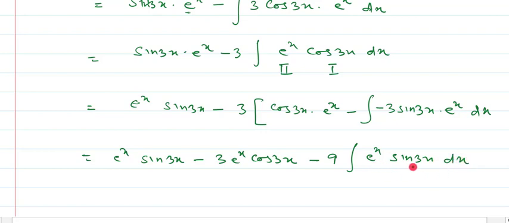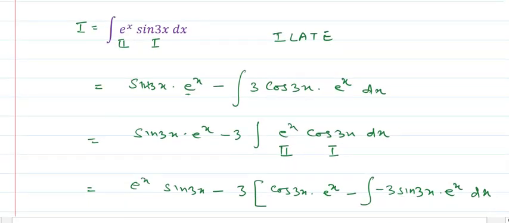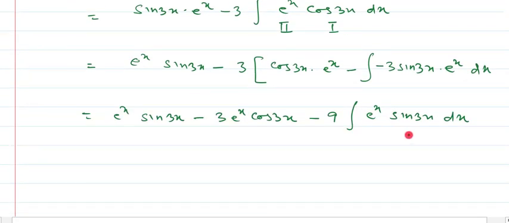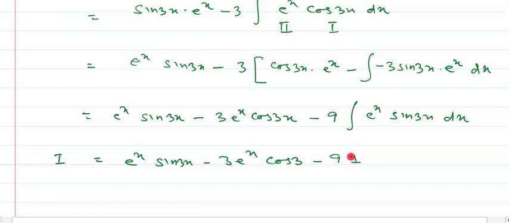Okay, now just observe carefully. E power x sin 3x is nothing but simply I, from where we have started, so we can name it as I. So I is equal to e power x sin 3x minus 3 e power x cos 3x minus 9I.